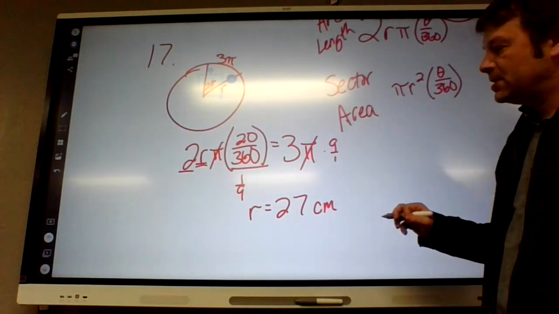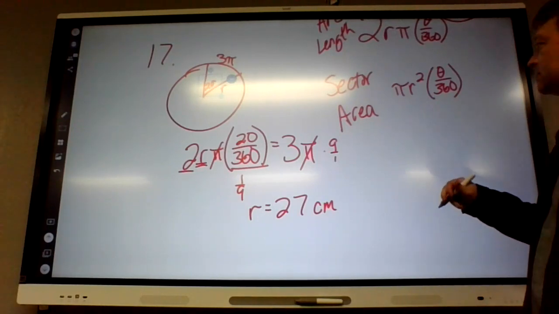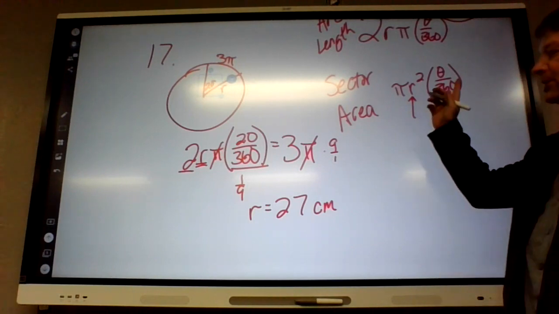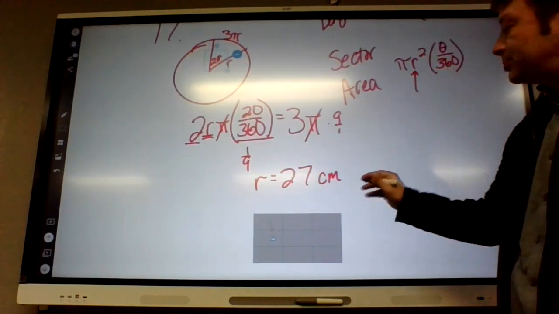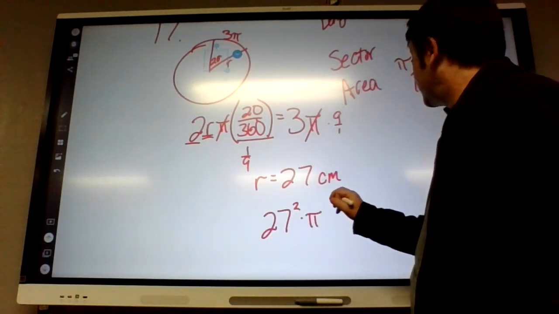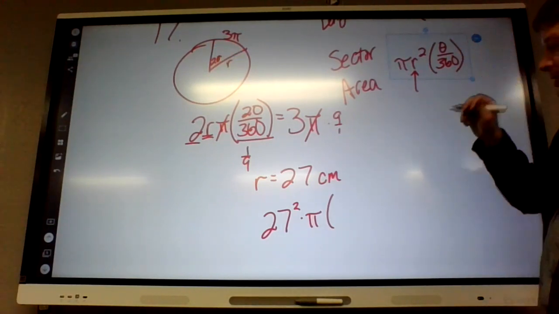That's one of them. They asked for two things: the radius, which is 27 centimeters, and the sector area. So how do we find sector area? Pi r squared, times 20 over 360. Just plug our radius into the formula. So 27 squared times pi times 20 over 360.